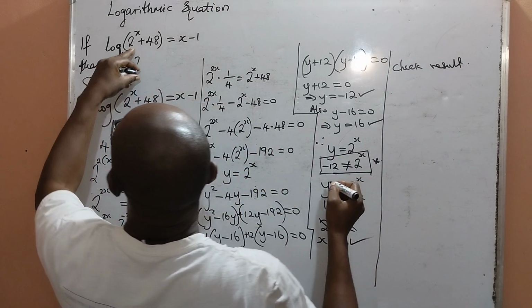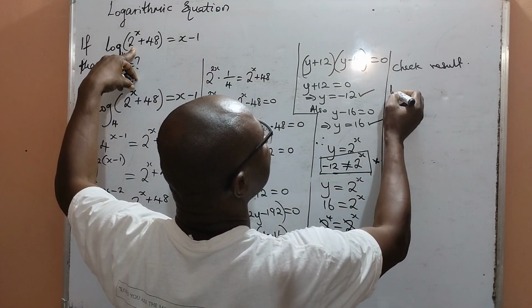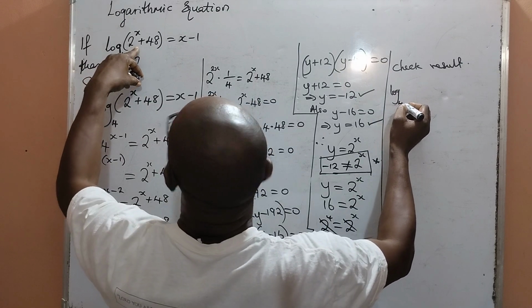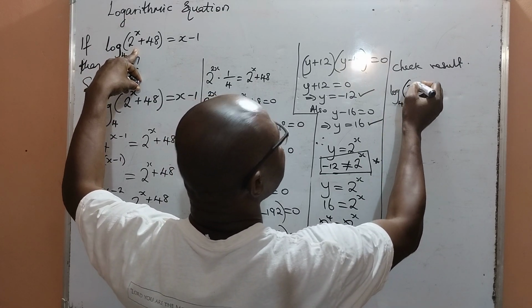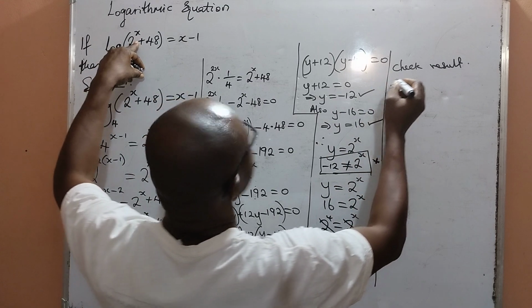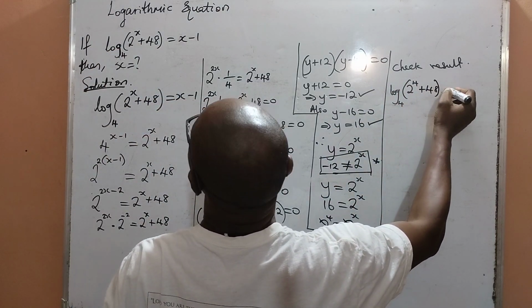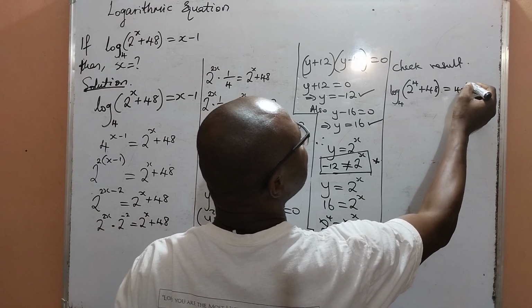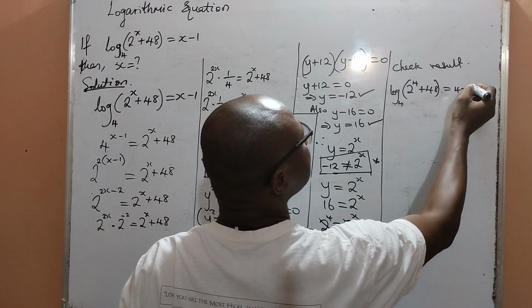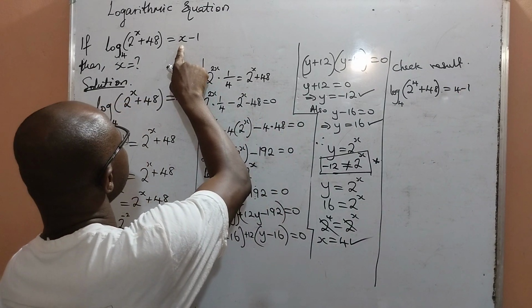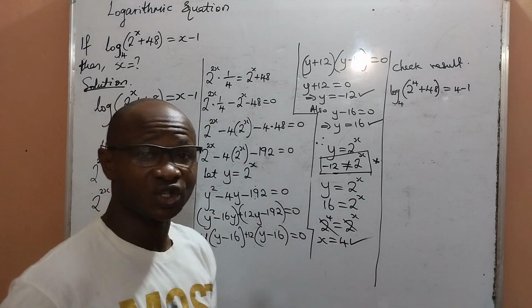Okay? That means from what I am given, the logarithm to base 4 of 2 raised to the power x, and the x now is 4, plus 48, is it equal to 4 minus 3 minus 1? Okay, that is x is now replaced to be 4.